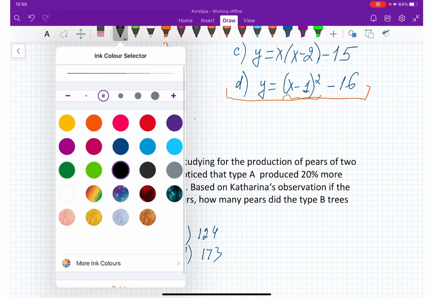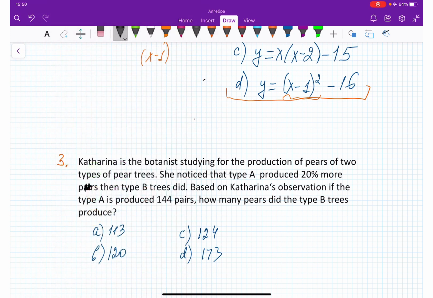Let me fix it. Pears. Then type B trees.